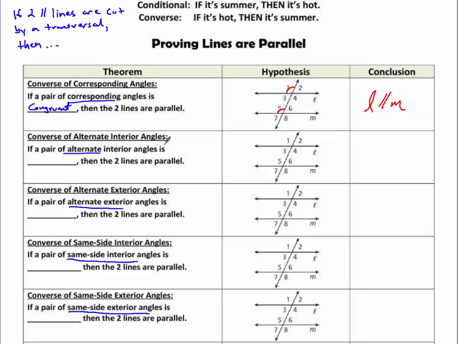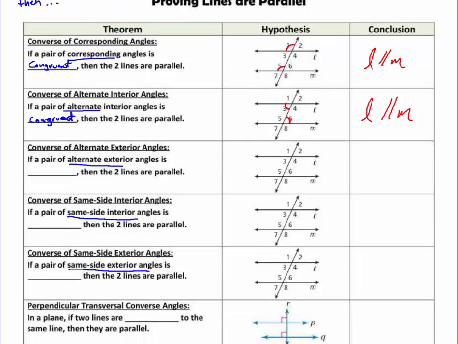So the converse of alternate interior angles. Well, if a pair of alternate interior angles is congruent, then the two lines are parallel. So we need to find our alternate interior angles. So that would be angle 3 and angle 6. So if those were congruent, then L is parallel to M. All right, alternate exterior angles.